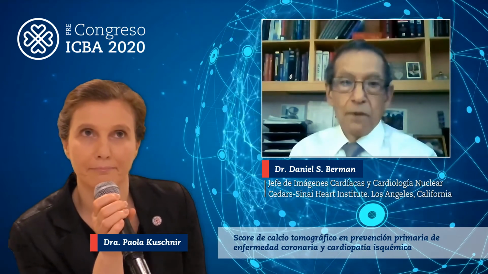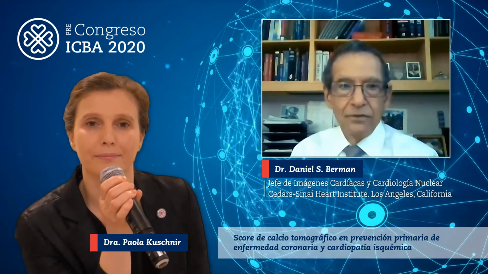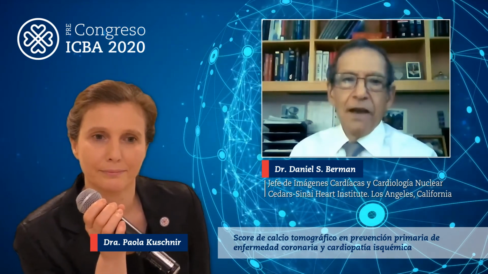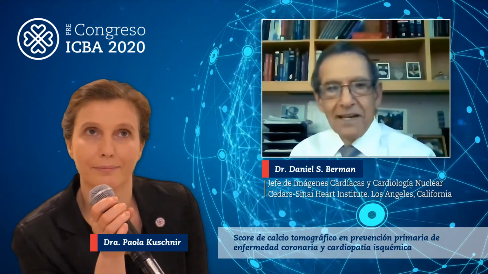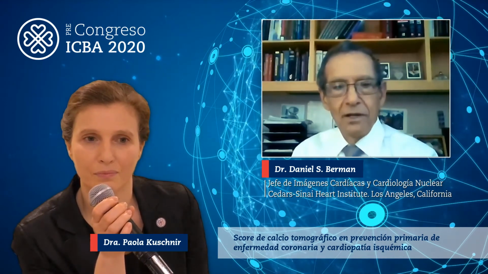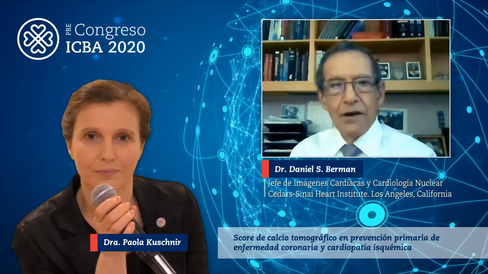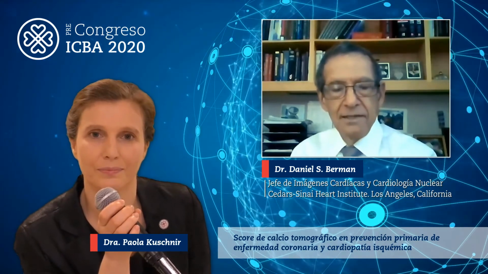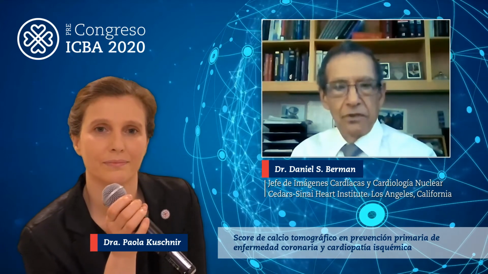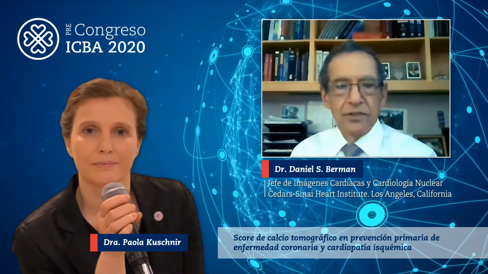As the score becomes positive, the intensity of treatment recommendations goes up. It varies by the different guidelines, whether you only treat after a score of 100 or whether you treat at lower scores. Our Society of Cardiovascular CT has adopted the concept that any atherosclerosis merits treatment.